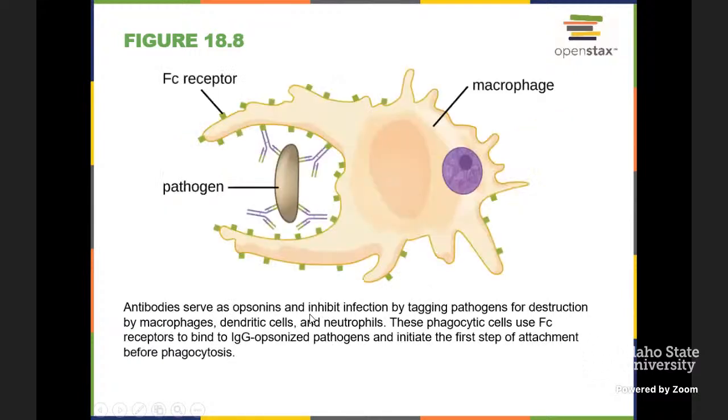The other, as those opsonizing agents, the little tags on these microbes, when the antigen binding region of that antibody links up to that invader, whoever it may be, maybe a bacterium right here, the Fc, the tail region of that antibody, is poking on the outside, and that allows specific cells to recognize that.